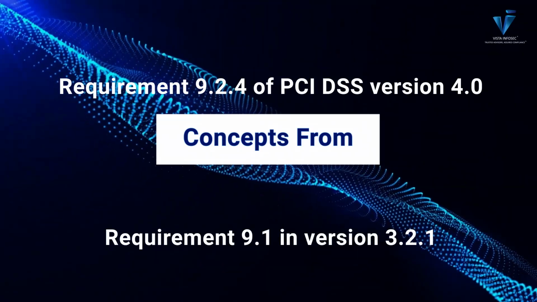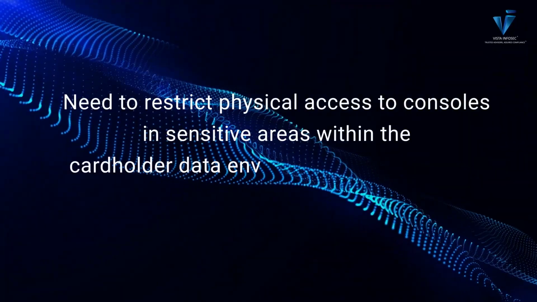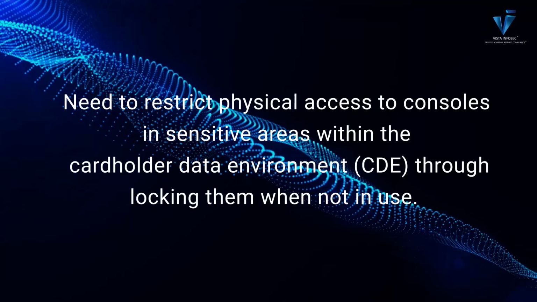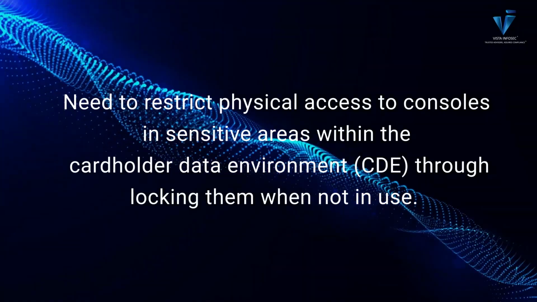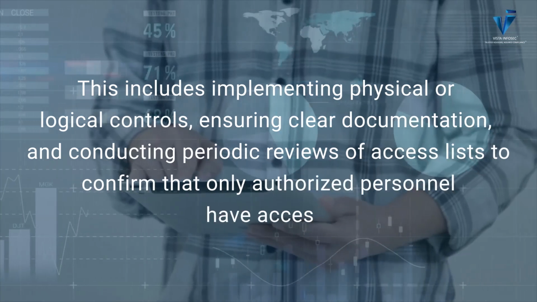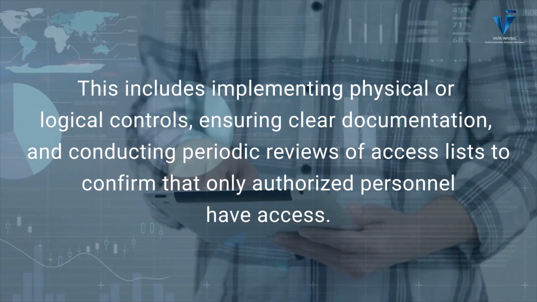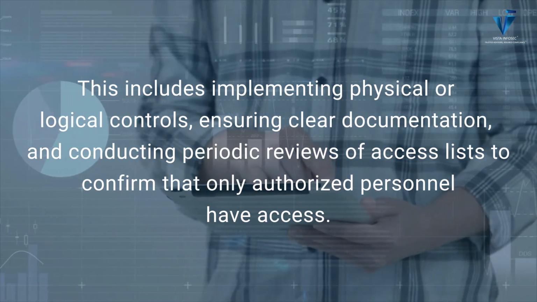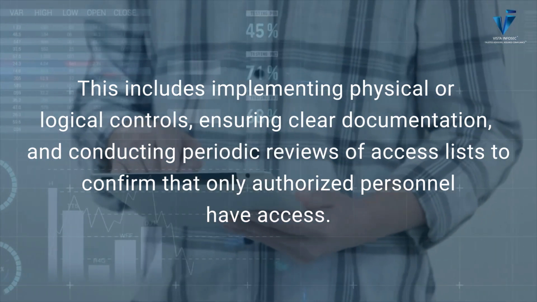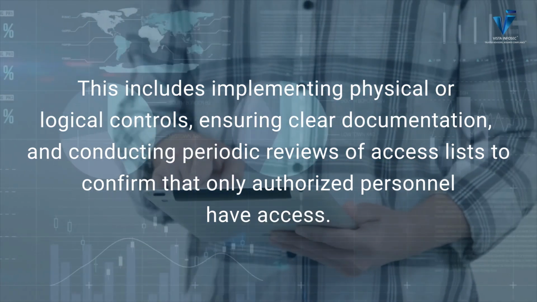It does this by emphasizing the need to restrict physical access to consoles in sensitive areas within the cardholder data environment by locking them when not in use. So this is the clarification that has been given, and this includes implementing physical or logical controls, ensuring clear documentation, and conducting periodic reviews of access lists to confirm that only authorized personnel have access.